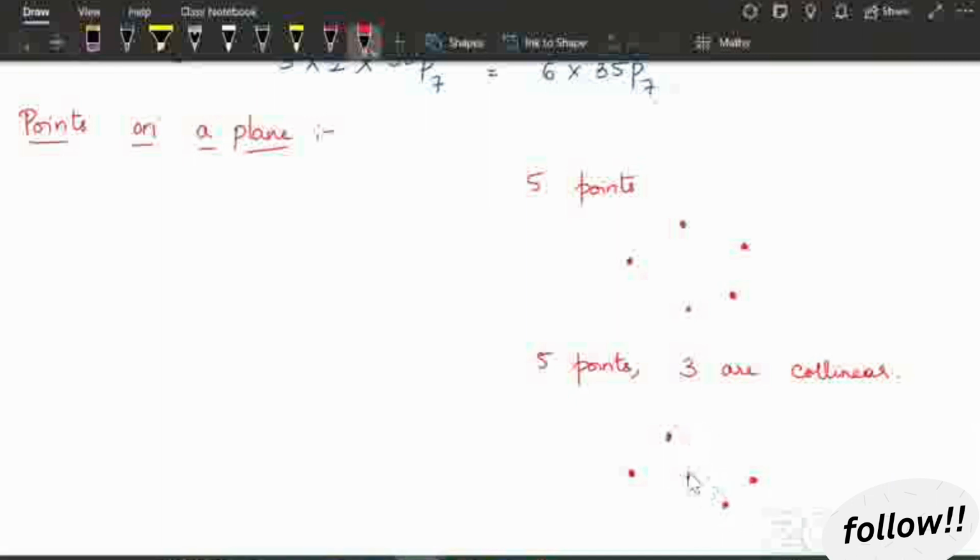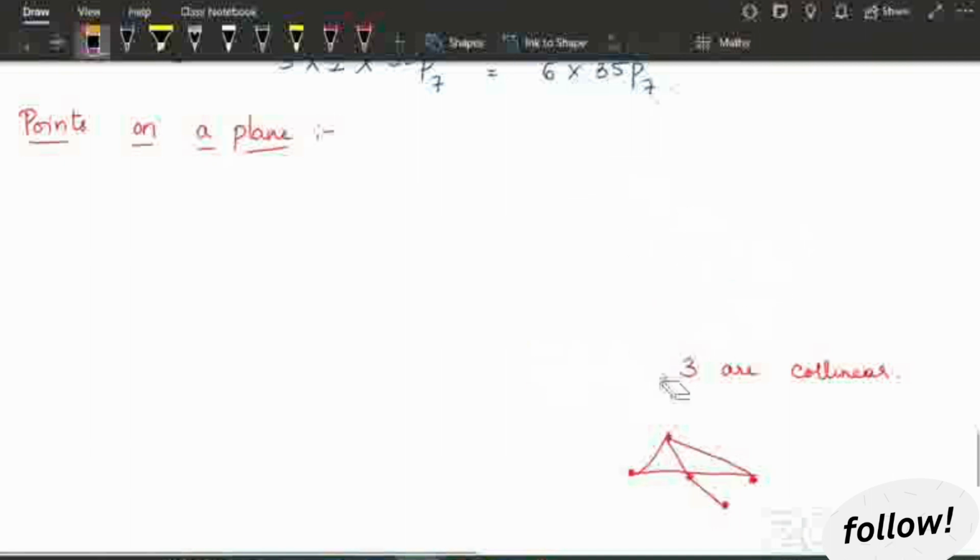Now, this is one line, this is another line, though it's not a perfect straight line, right? This is one line, this is one line, whereas this is a single straight line which covers all 3 points. Here, 3 are collinear. So this is the kind of question you might get, wherein they will either give all points as non-collinear, or out of the given points, there will be some collinear points.